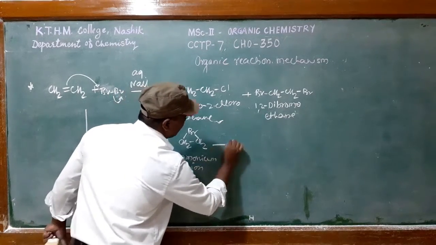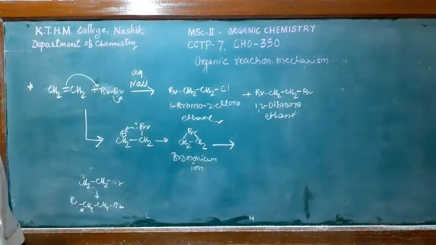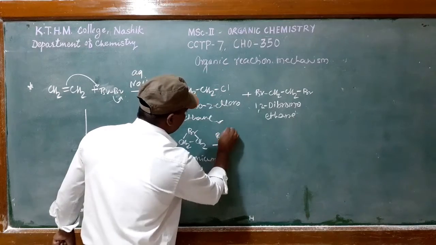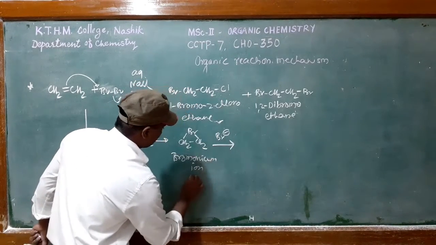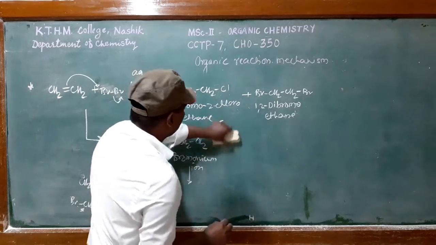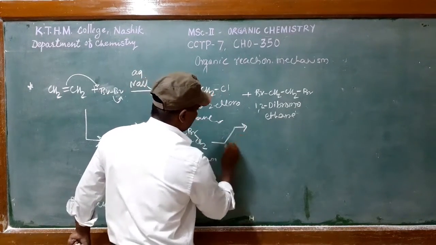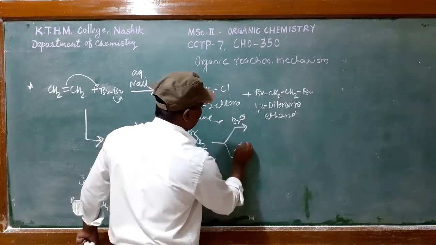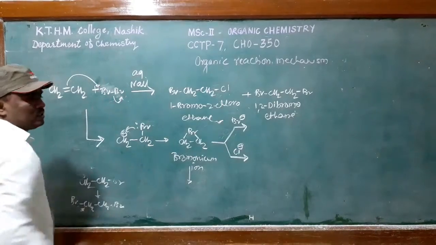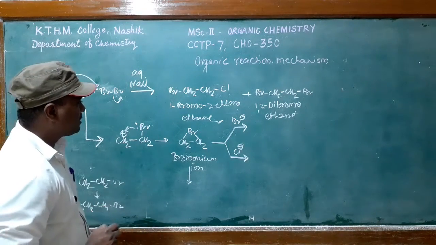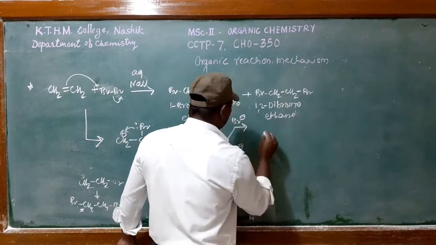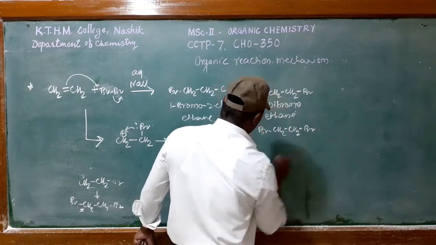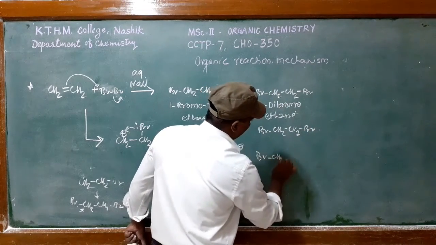Once the bromonium ion has formed, there will be competition between Br minus and Cl minus, because in the reaction condition there is aqueous sodium chloride, so it delivers the product which I have mentioned.